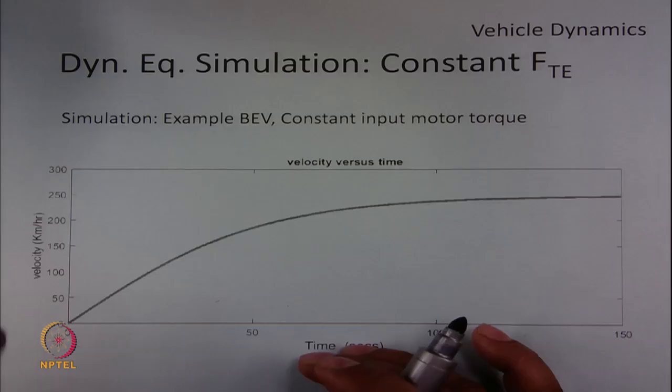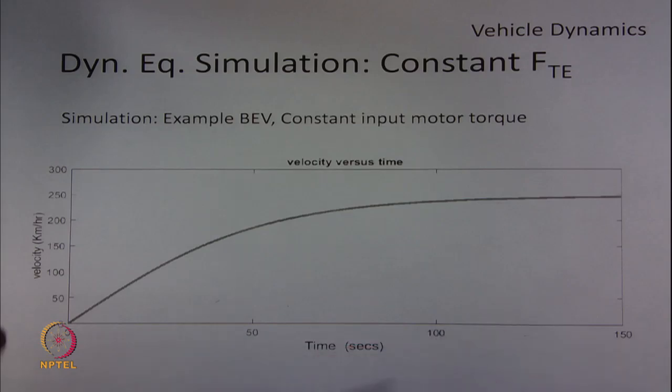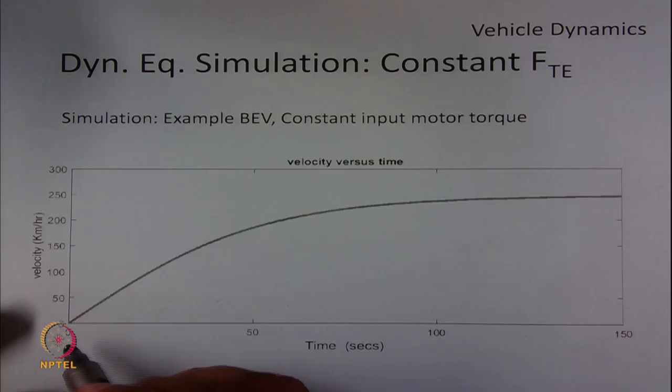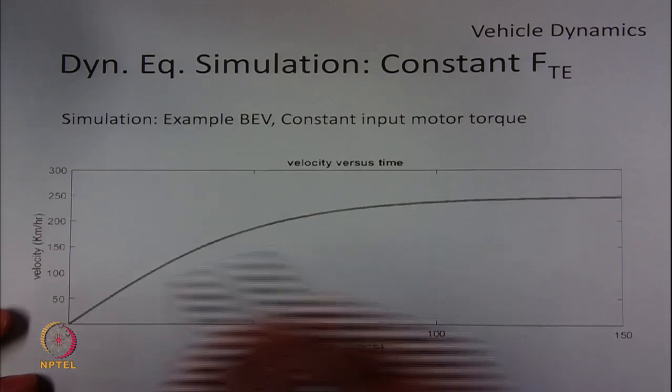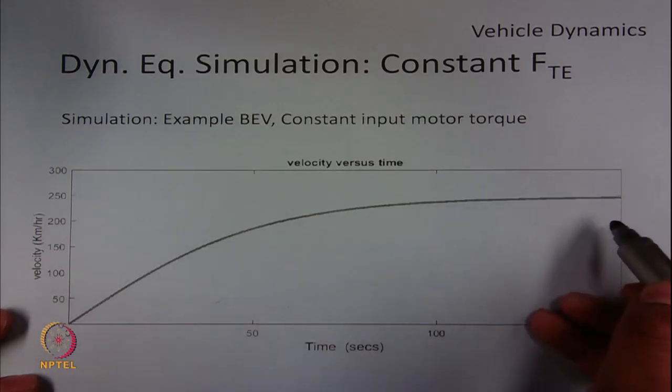Now, let us try to plot this using Simulink program and see the actual variation of different variables with respect to time. For the same example, if you want to plot the velocity with respect to time, it will come like this.